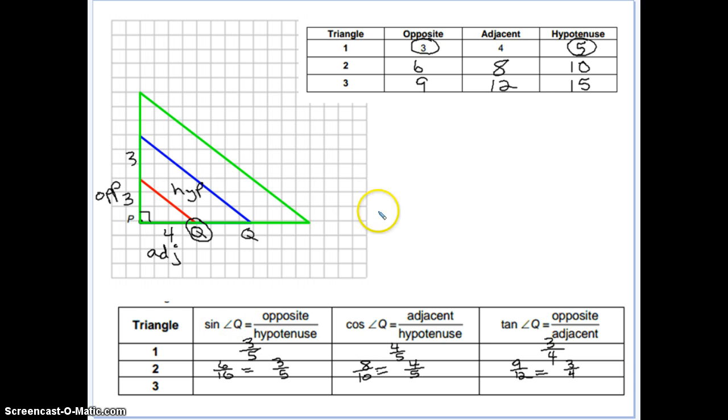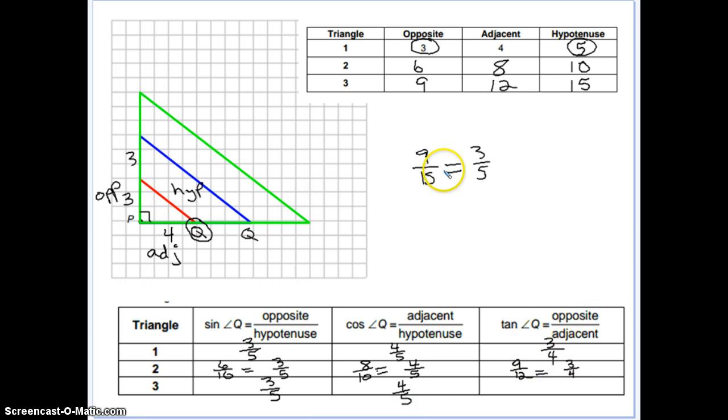The sine of angle Q would be the opposite over our hypotenuse, so 9 over 15. 9 over 15 reduces to 3/5. Same fraction as the first two. The cosine of angle Q would be adjacent over hypotenuse, 12 over 15, which reduces to 4/5.